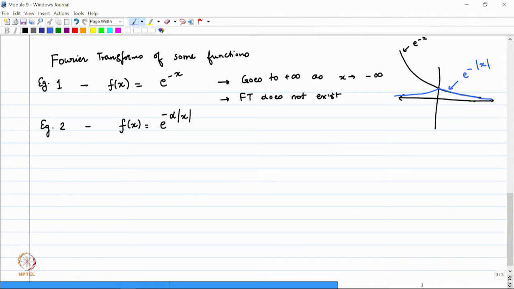If you put a factor of alpha, it will essentially look like this, and you can clearly see that this integral is finite, whereas for the previous function the integral under it goes to infinity. Okay.